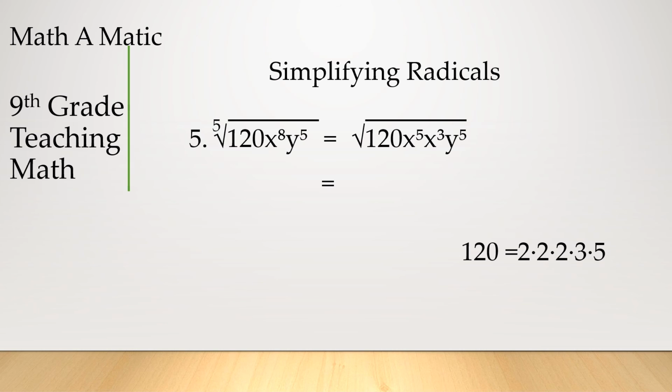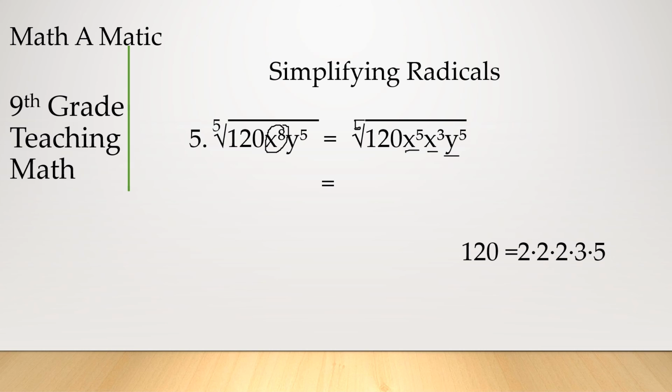So that is the fifth root. Sorry, I forgot to put it here. The index is 5. And I have here x raised to the 8th power. I can rewrite that as x to the 5th power times x to the 3rd power, and then y cubed.